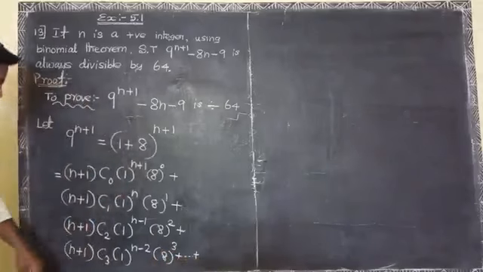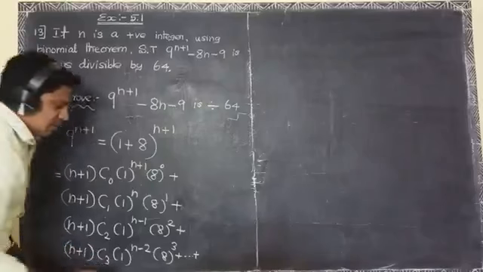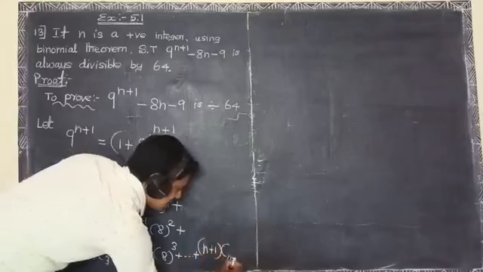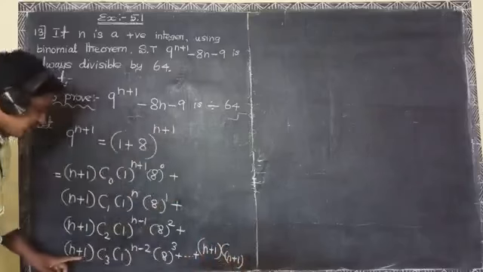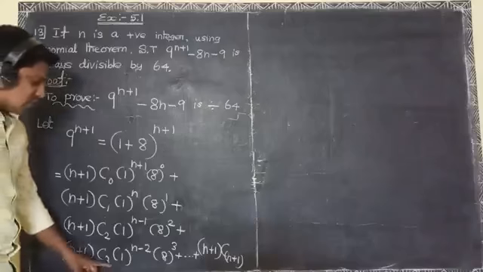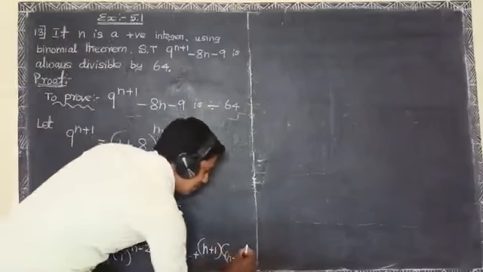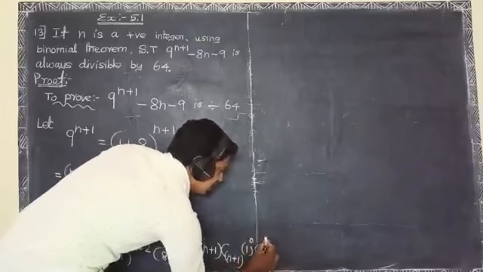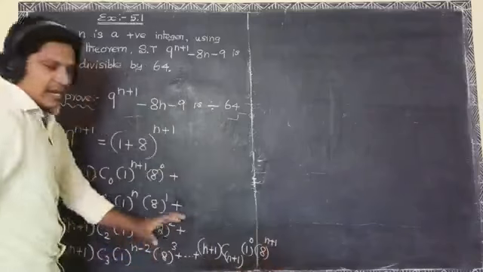Then the last term n plus 1 c n plus 1, 1 power n plus 1 minus n plus 1 is 1 power 0, and the remaining 8 power n plus 1.